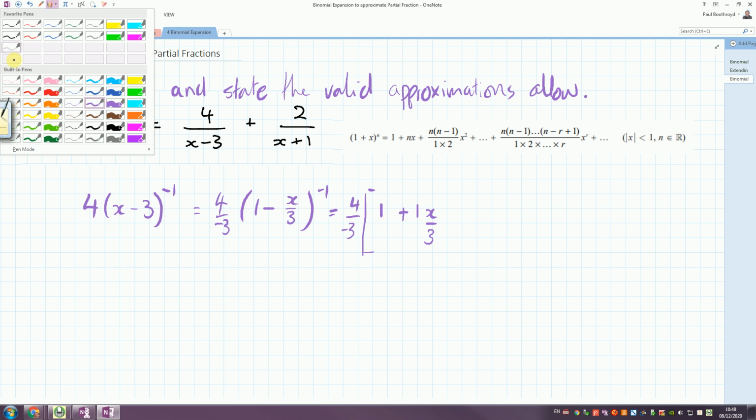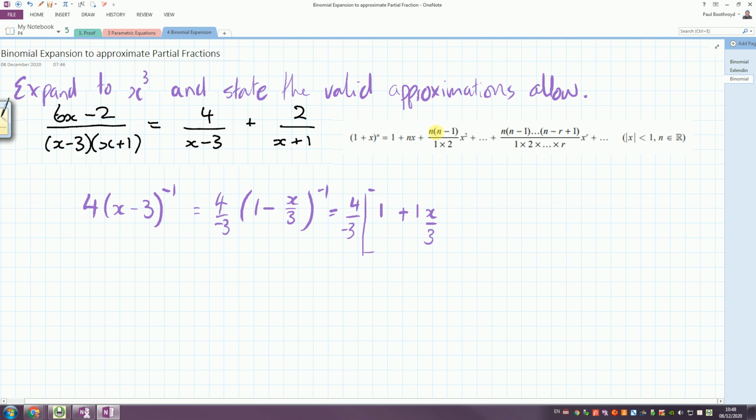So n is a negative 1, and my x is a minus x over 3 in this part. Go for the next term, and it's plus minus 1 times minus 2 x squared.